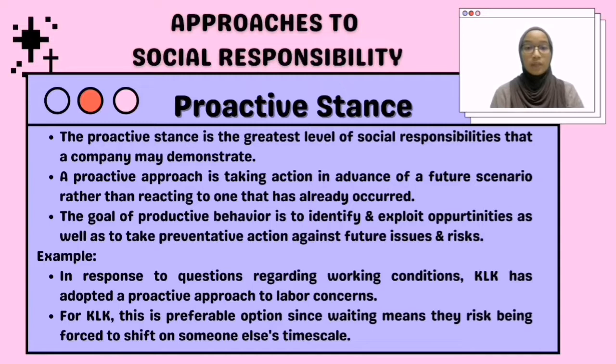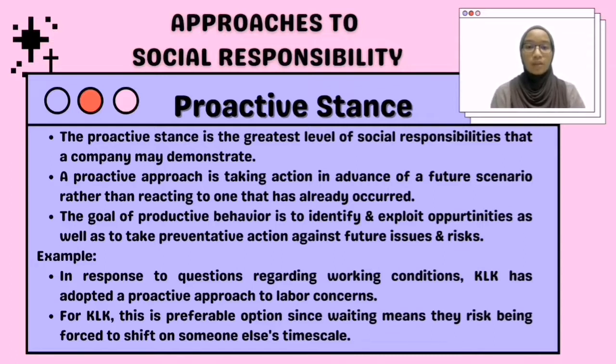The proactive stance is the greatest level of social responsibility that a company may demonstrate. A proactive approach is taking action in advance of a future scenario rather than reacting to one that has already occurred. The goal of proactive behavior is to identify and exploit opportunities as well as to take preventative action against future issues and risks.